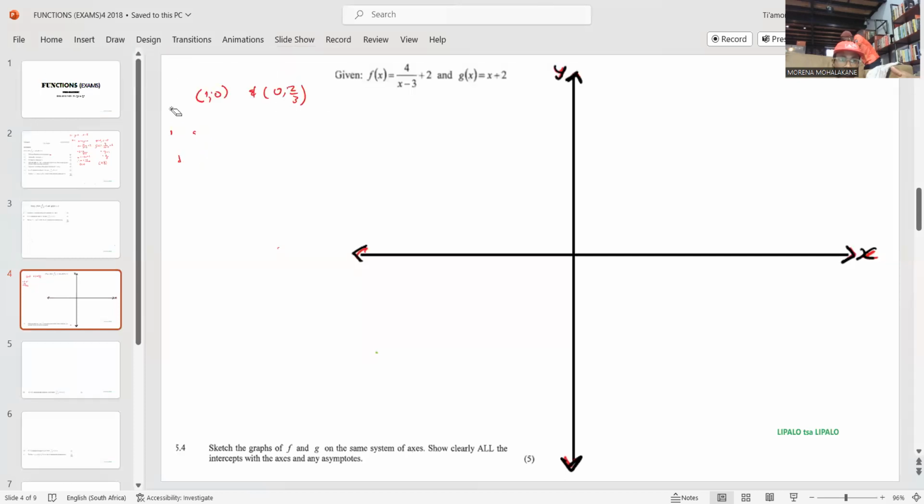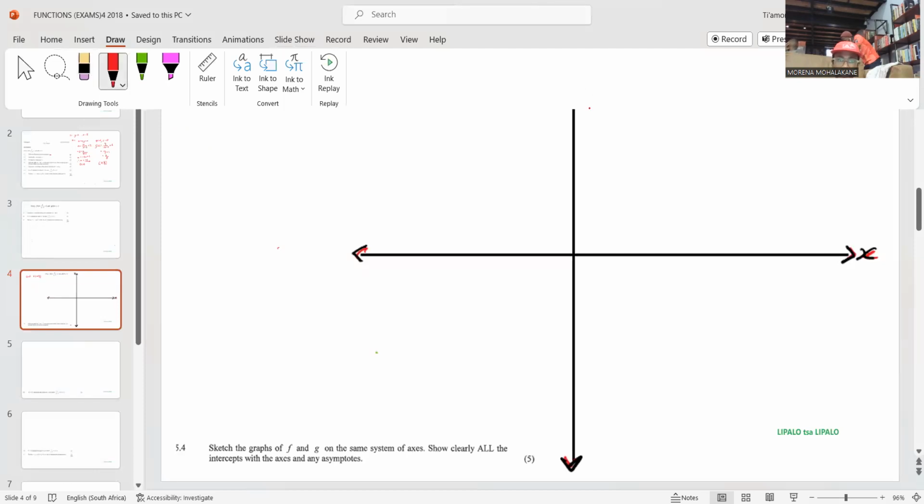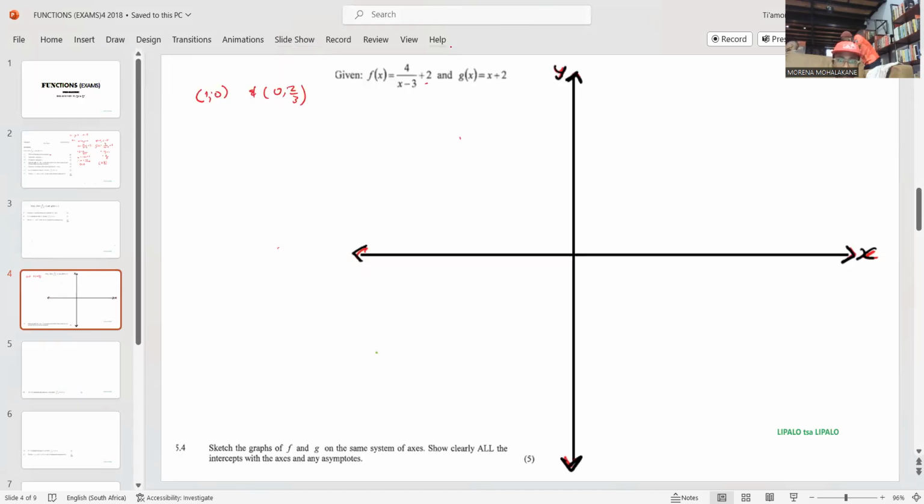So I start with my asymptotes. I have 2, the horizontal asymptote. I'm going to go to 2.